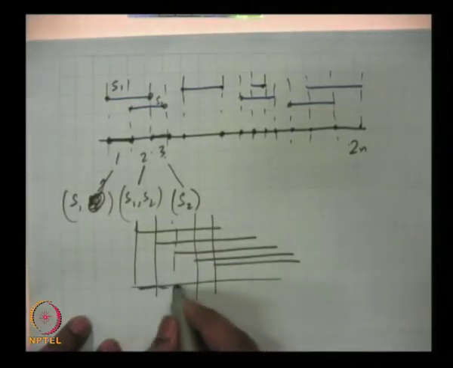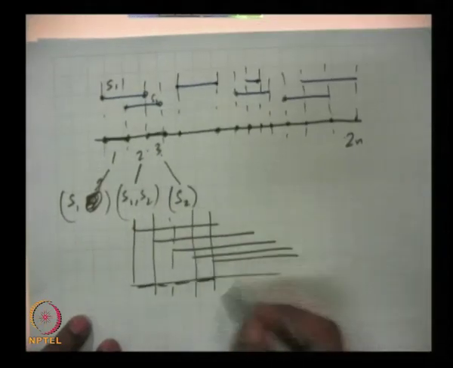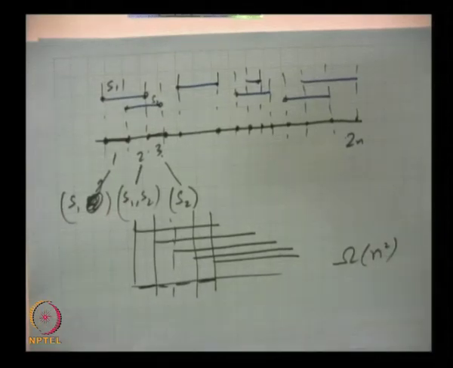For each interval there could be a large number of segments covering it, so if you do this there will be at least about n square information that you need to store.